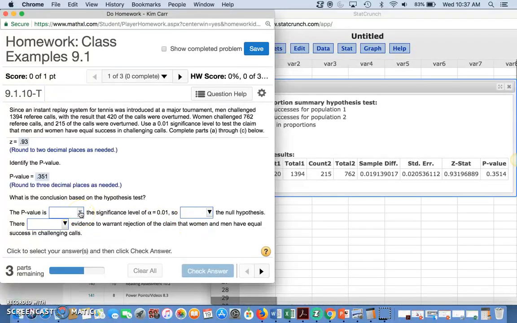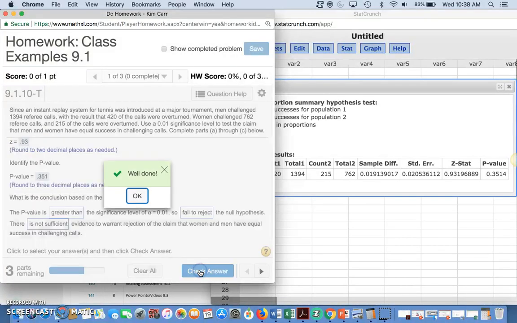The p-value, you're comparing it to 0.01. The p-value is greater than the significance level of 0.01. Since it's greater than, we fail to reject, and there is not sufficient evidence.